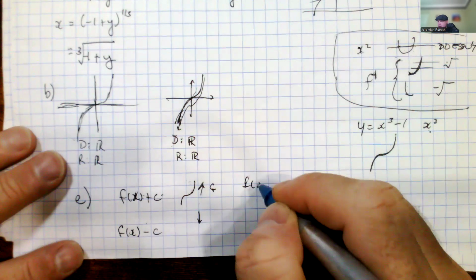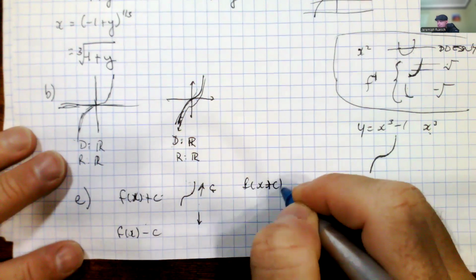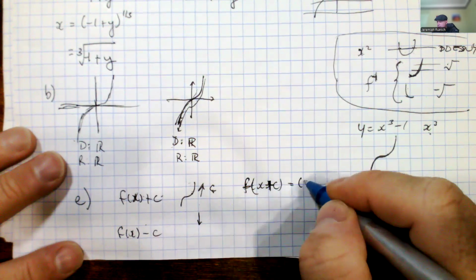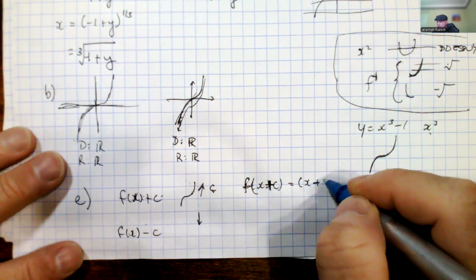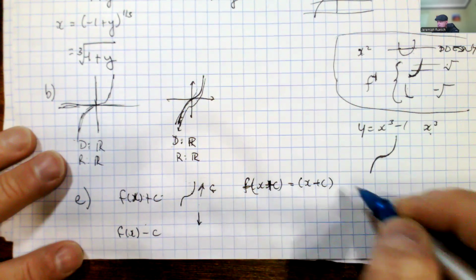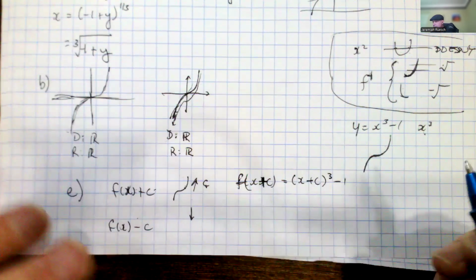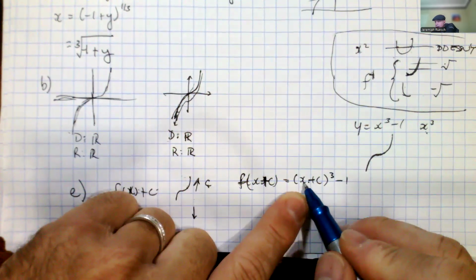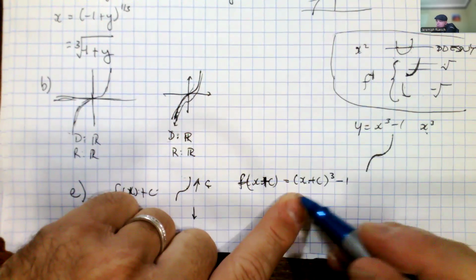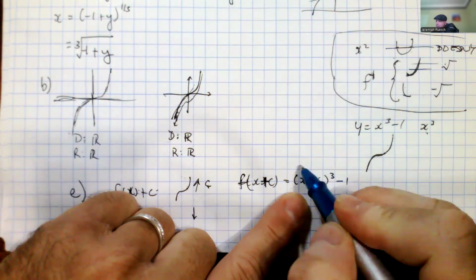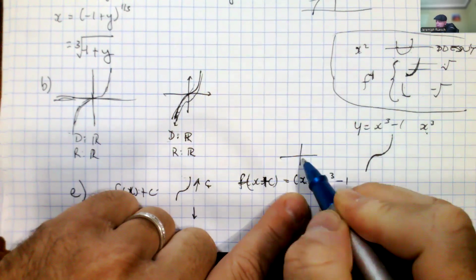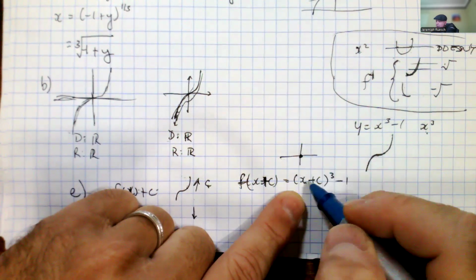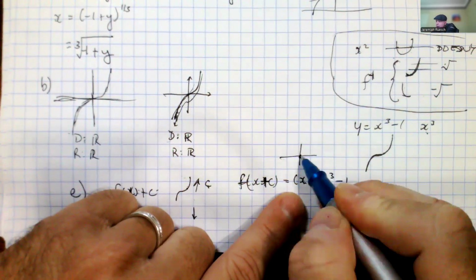Okay, so let's look at part C of part E here. So f of x plus c. And so here you've got to figure out, well, that's going to be x plus c cubed minus 1. So what is that doing? Well, it's shifting our x in a direction, either left or right. So we have to figure out how it's shifting. If we look at, let's say 0 here, in order to get this back to 0 with a plus c, it can't be a plus c.